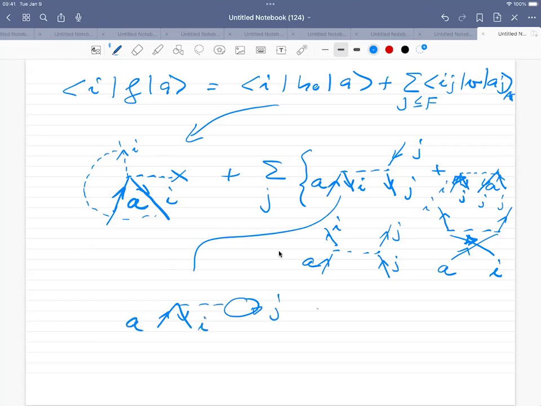And then I have plus, and this diagram is going to look like this now. So I will have an I here. I have an A, and then we are bringing this line J like that. So this diagram has one closed loop and one internal hole line.